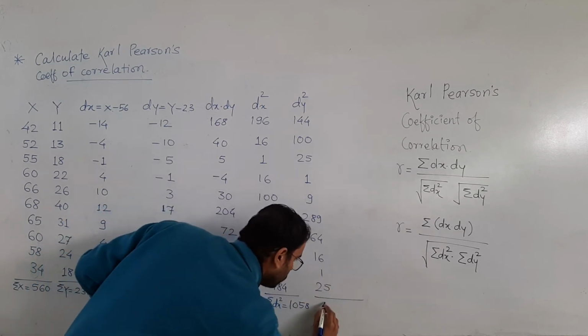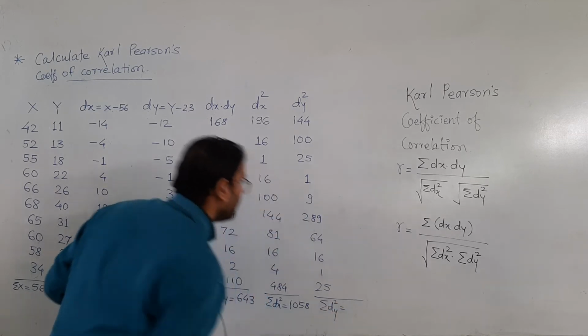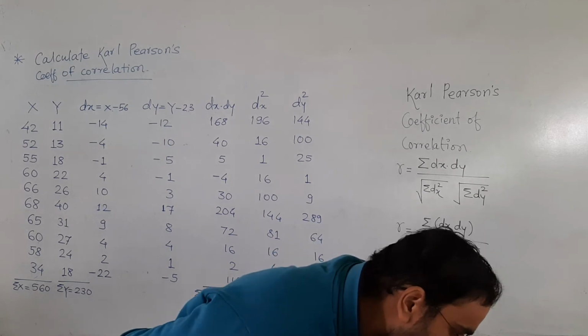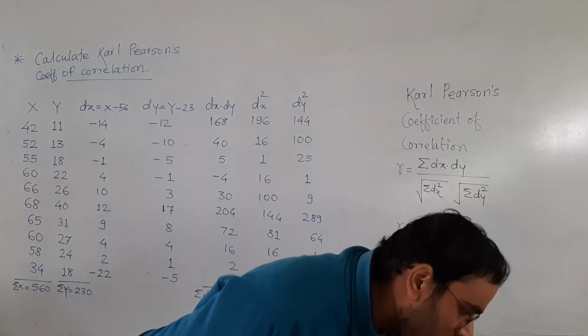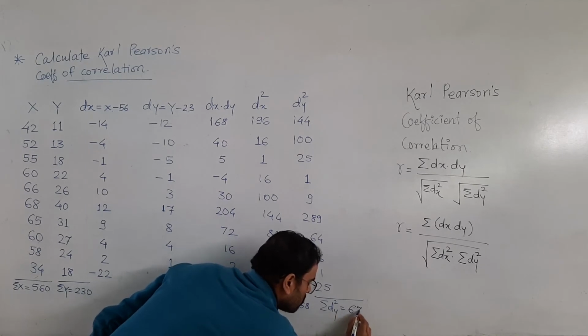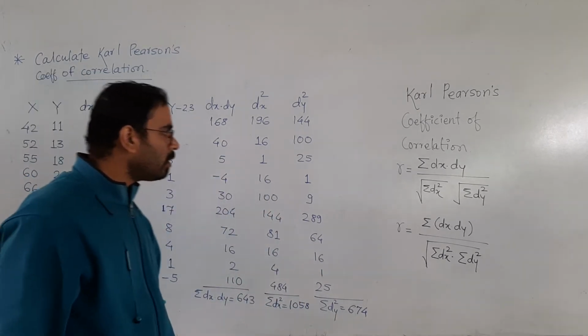So what will we get here for summation dy square? 674. Okay.